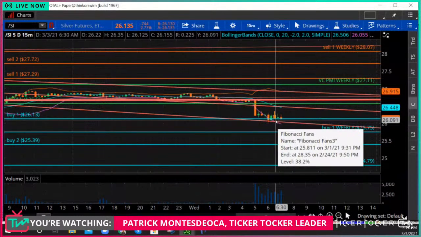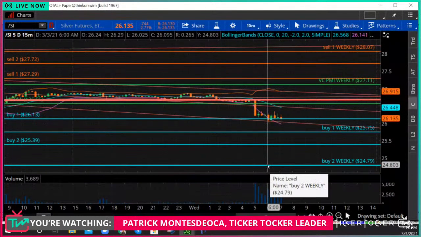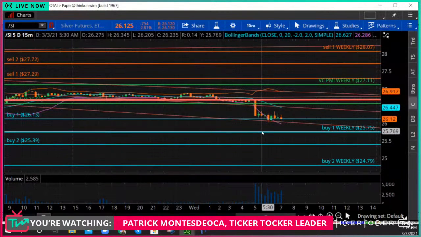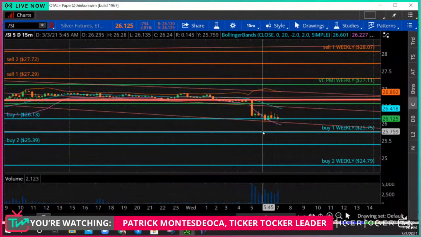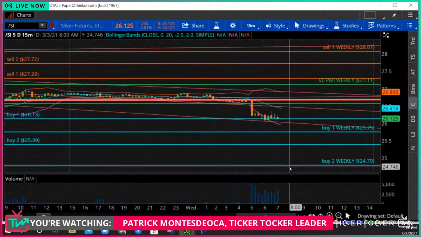But we are entering into this area that essentially starts to gauge the market mathematically with a probability factor of 90 to 95% that we're going to find buyers down here.